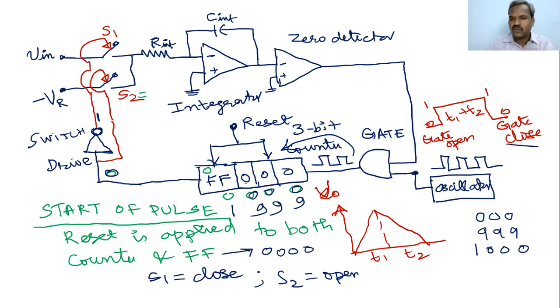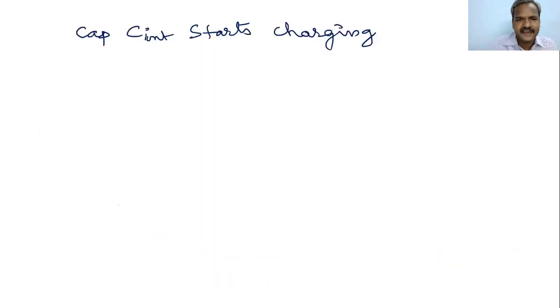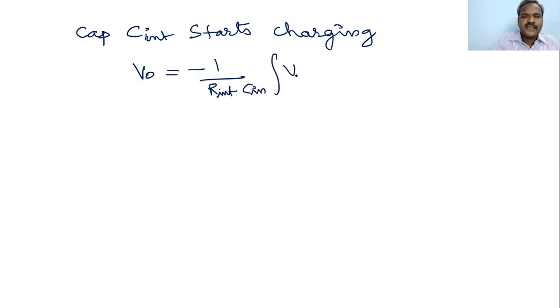So during this integration, the output voltage V0 equals minus 1 by R int C int, integral of Vin dt, from 0 to T1. The duration is 0 to T1. Understand or not? Consider this equation number 1. During this period, the counter fills.